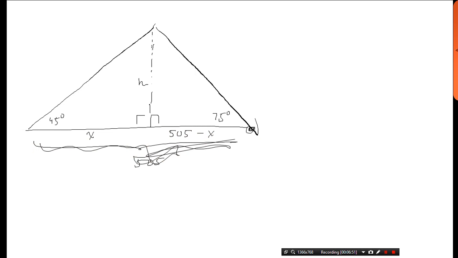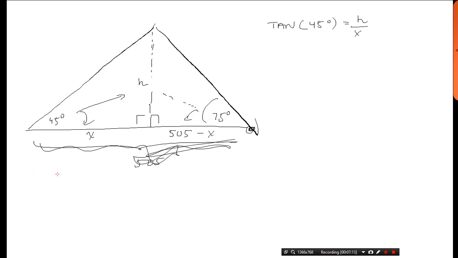So now, using the sides that we know, the opposite and the adjacent side, tangent is what we're probably going to use. Tangent of 45 degrees is going to be h over x. Pretty reasonable. And then if you look at the other side, for 75 degrees, once again I need the opposite and the adjacent side.